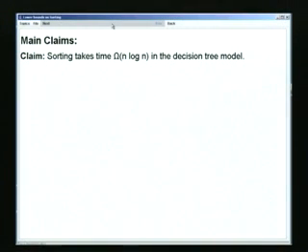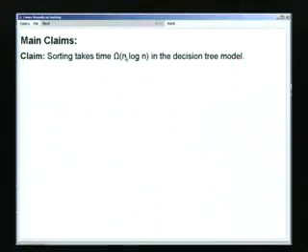Now, here are the main claims that I am going to make. The first claim is that sorting will take time n log n in the decision tree model. This claim has to be understood properly. It says that no matter what algorithm you use, and by algorithm we mean no matter what tree you use, because that is the space of all possible algorithms, the time taken will be n log n.